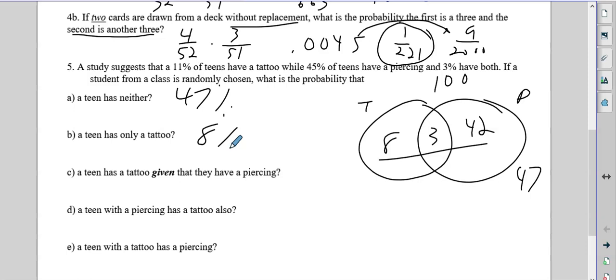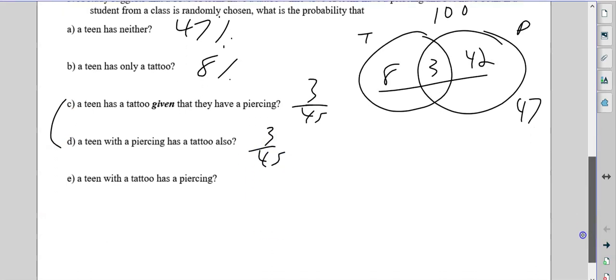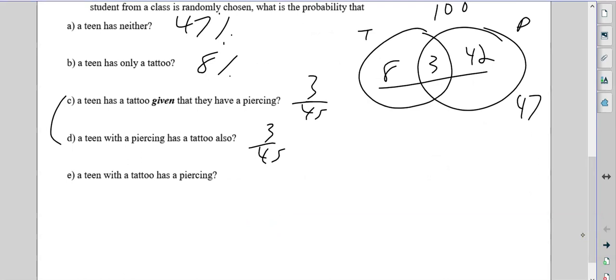So if they have a piercing, there's 45% with a piercing, and to have a tattoo is at 3. And D and C are the same one, just worded differently. A teen with a piercing also has a tattoo, and a teen with a tattoo, so that's this 11%, also has a piercing. That's at 3. So 3 out of 11.